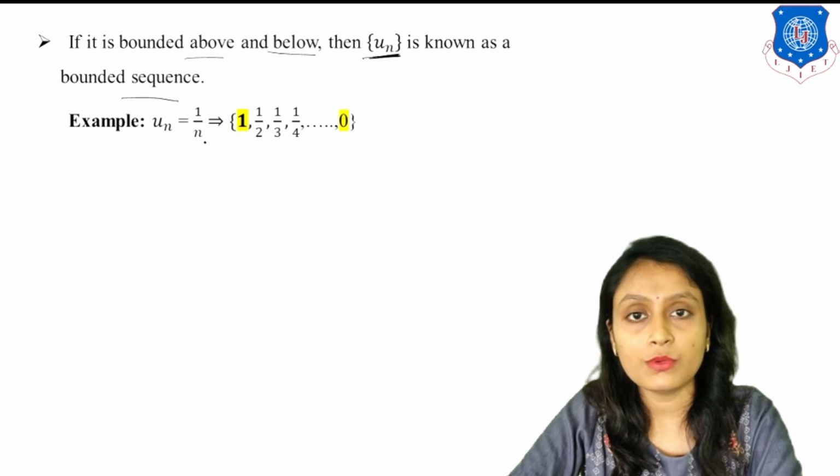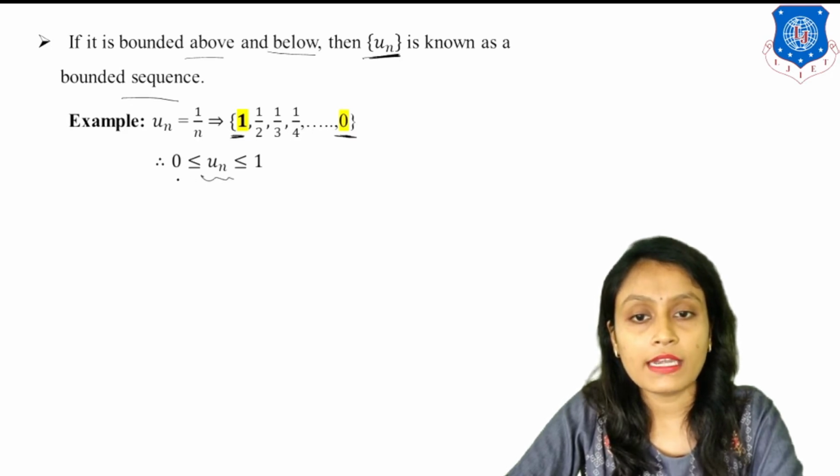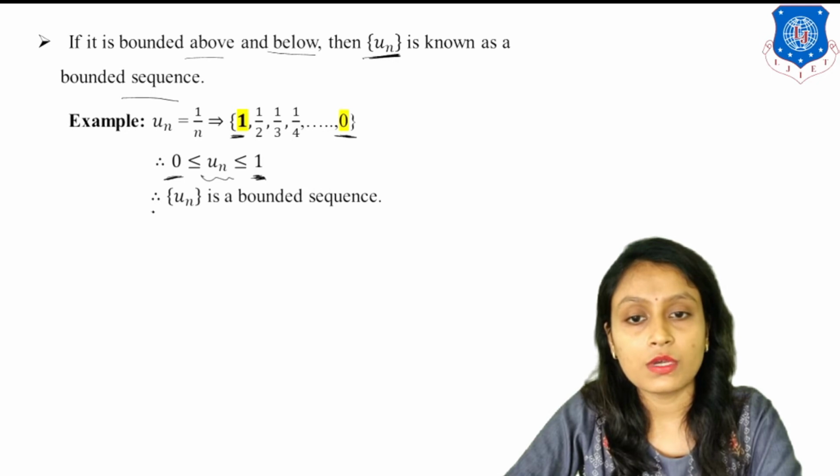And if n tends to infinity, then 1 upon infinity will be 0, right? So now here we have two values, 1 and 0. Okay, so we can write that all the terms of u_n lie between 0 and 1, right? So 0 is the lower bound and 1 is the upper bound. Therefore, we can say that the sequence u_n is a bounded sequence.